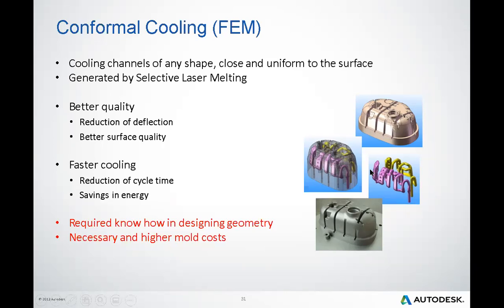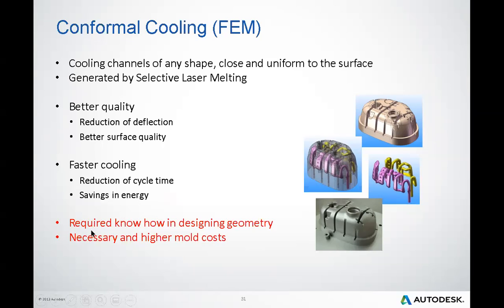Don't worry about undercuts like with a CNC machine. So we get better quality, reduction of deflection, and better surface quality. And we can do faster cooling, reduction of the cycle time, and saving in energy.